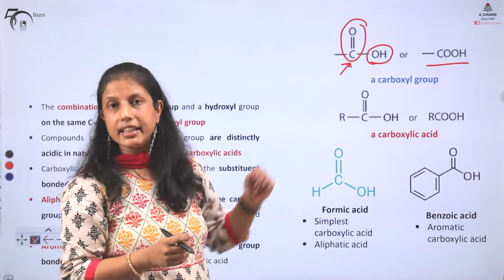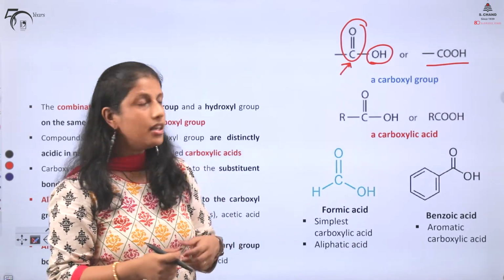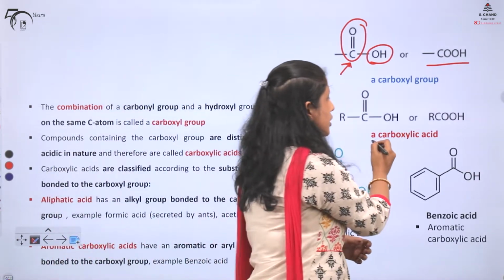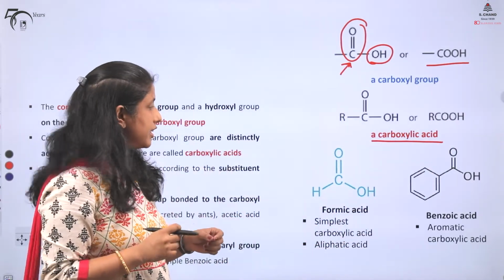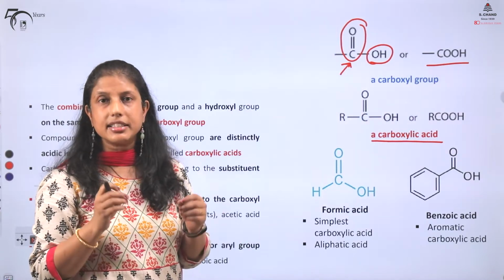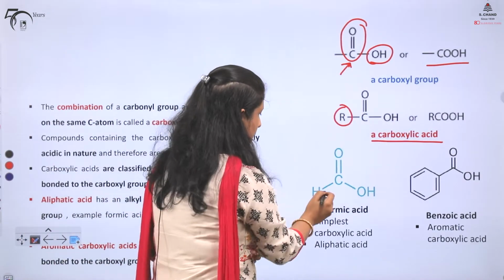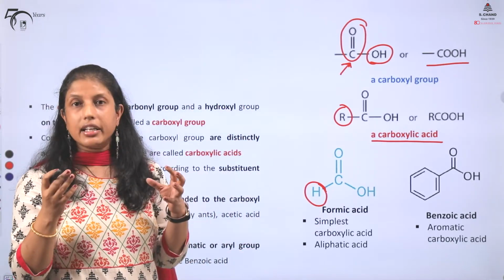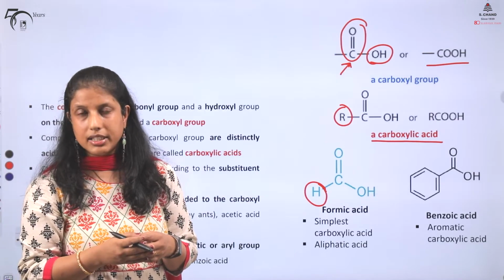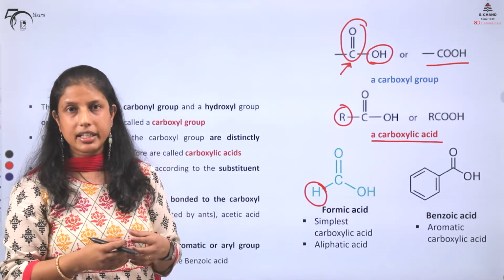Molecules which contain this carboxyl group are commonly acidic in nature, and therefore they are referred to as carboxylic acids. Formic acid, which was secreted by the ants, is the simplest carboxylic acid, where the R group is nothing but a hydrogen. And we can classify our carboxylic acids as either aliphatic or aromatic in nature.